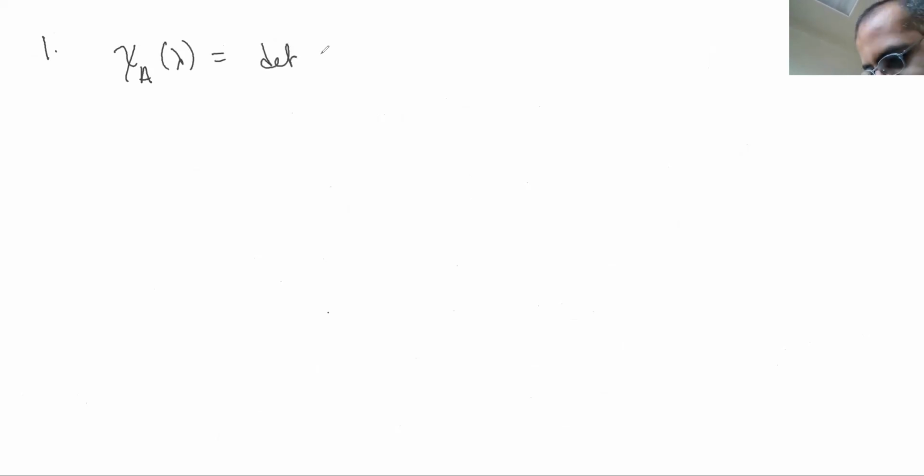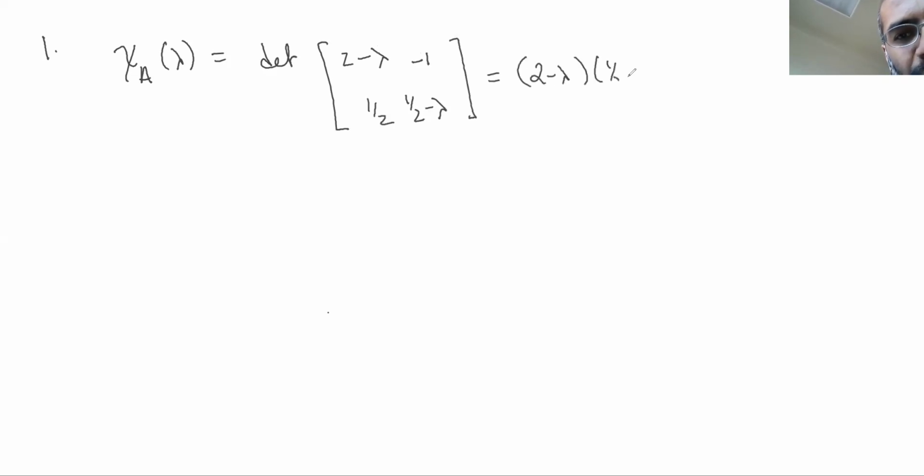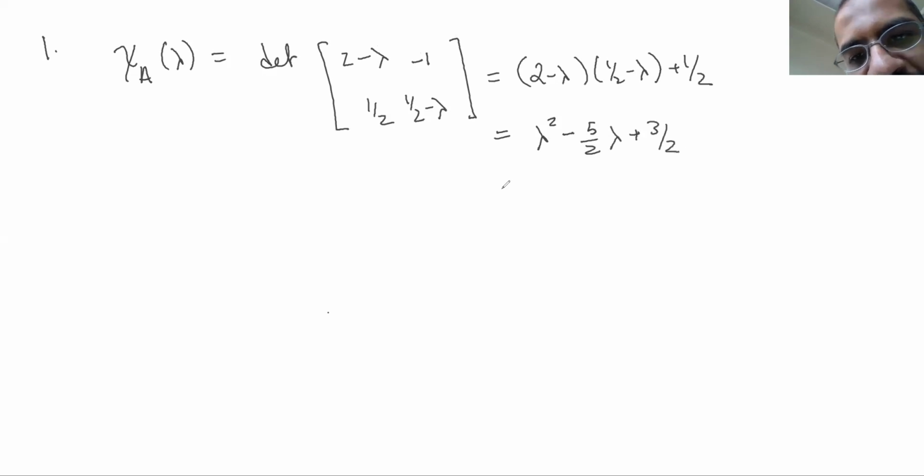That's the determinant of the matrix 2 minus lambda, half minus lambda, minus 1, half, which is 2 minus lambda times half minus lambda, plus a half, which is lambda squared minus 5 halves lambda plus 3 halves, which if you apply the quadratic formula is just lambda minus 3 halves times lambda minus 1.